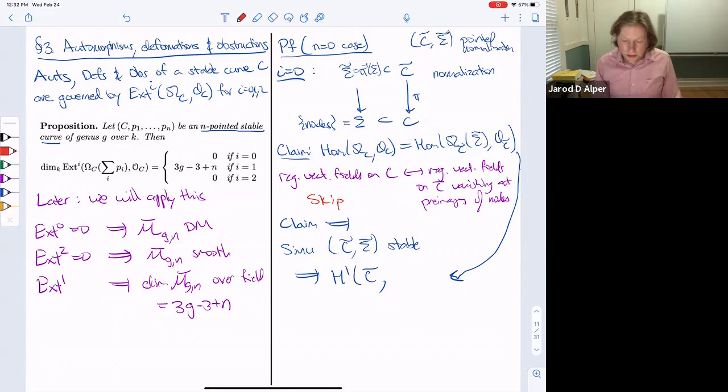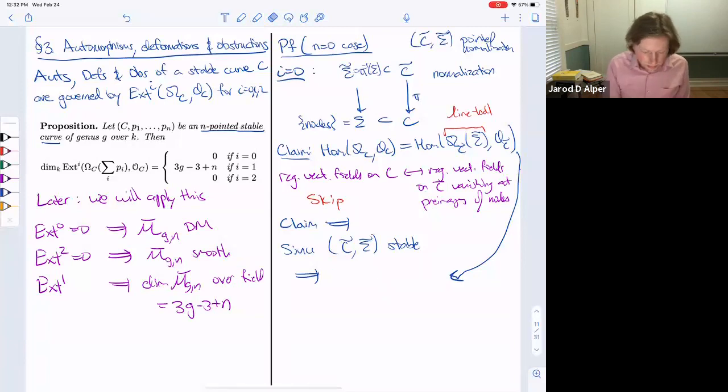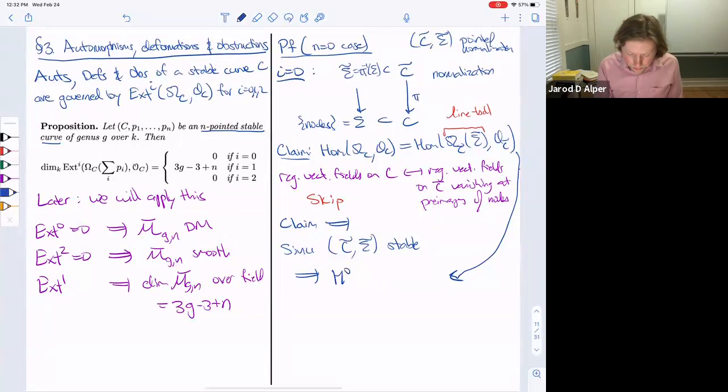The point is that the reason we work on the normalization is that omega C becomes a line bundle. And in particular, then I could take it to the other side. And so this is identified with H0 of T C tilde twisted by negative tilde.